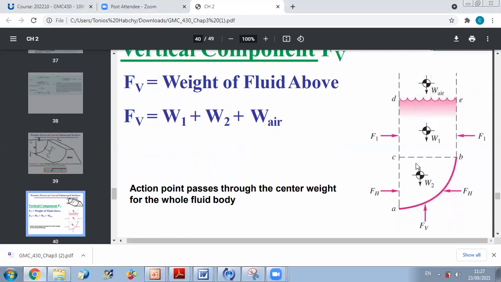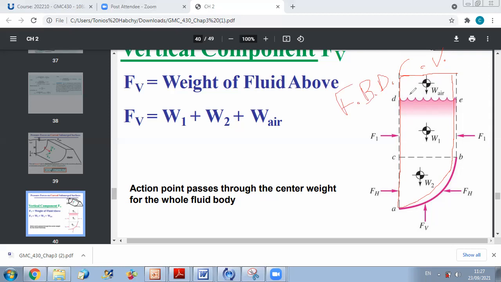So if you consider the following figure here, I have this part of water above my curved surface, and I will take this column as my system, and I will write the forces on this part. So this is our control volume, everything that is above my curved surface. I should draw the free body diagram, which will represent all forces acting on my control volume. Now, what do we have?